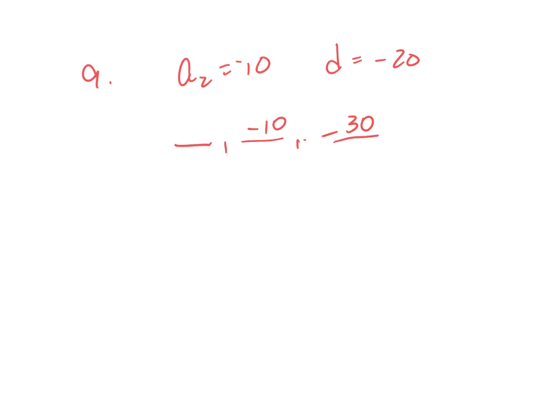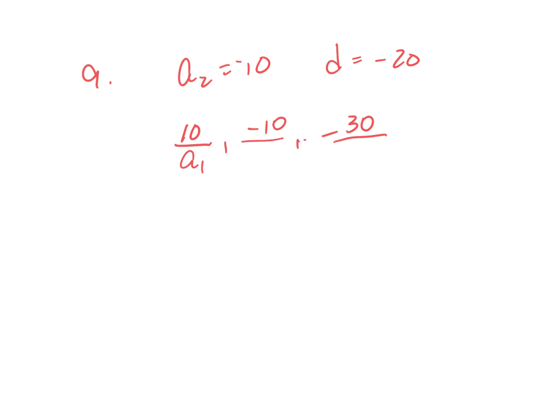So if I'm adding each time that -20 to go up, I'm subtracting -20 to go backwards. And if A2 is -10, A1 is plain 10. Because 10 minus 20 would be -10. Do you understand that? So now we have A1.